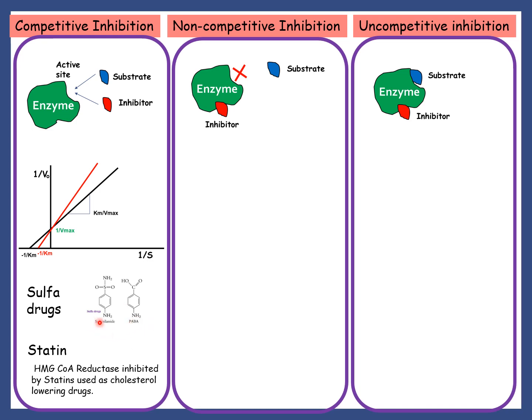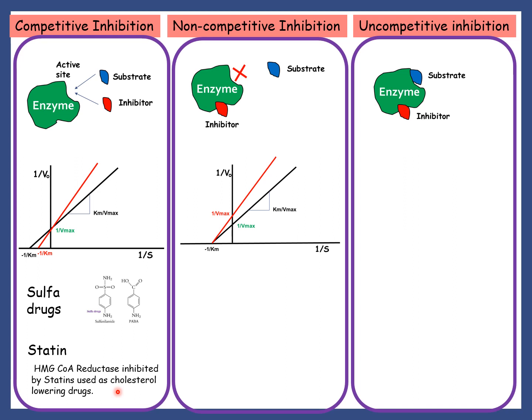So we can use a competitive inhibitor of PABA as an antibiotic drug to kill the bacteria. Statins, which are used to lower blood cholesterol levels, are also competitive inhibitors for the enzyme HMG CoA reductase.